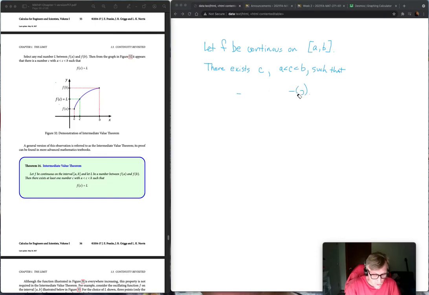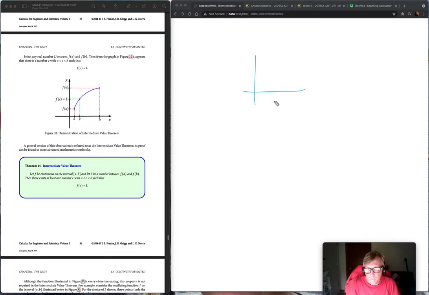Let me just do this. So let's say that I drew a function like this. Here's A, here's B, here's f of A, here's f of b. What happens if there's a point there and a point there, and I draw something weird like this?